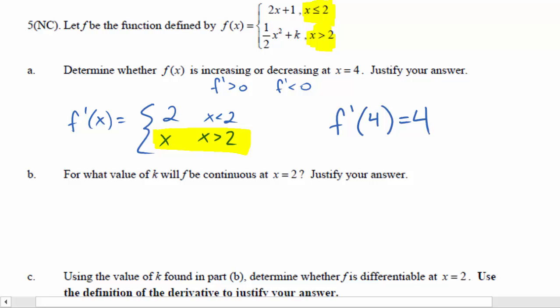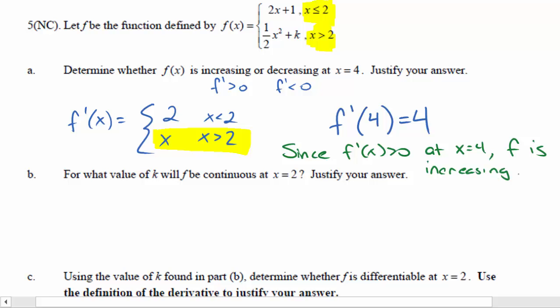Now for me, this is simply just evidence. This is nothing else besides what is a derivative? Well, because f prime of 4 is positive, that means f is increasing. So that's what we need to write. Since f prime of x is greater than 0 at x equals 4, f is increasing at that point.